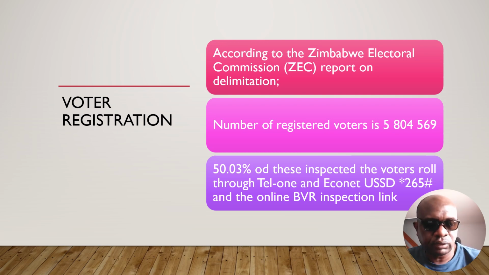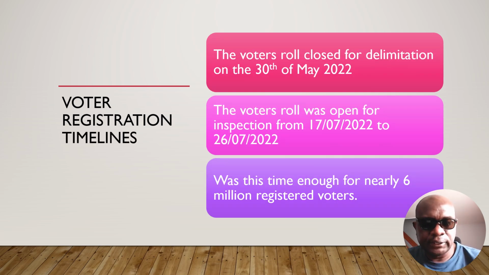Okay, right. We also move into analyzing the voter registration timelines. The voters roll closed for delimitation on the 30th of May 2022, and we want to know whether this time was enough for over 5 million people to inspect the voters roll.